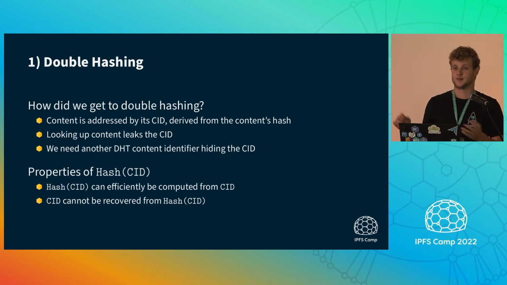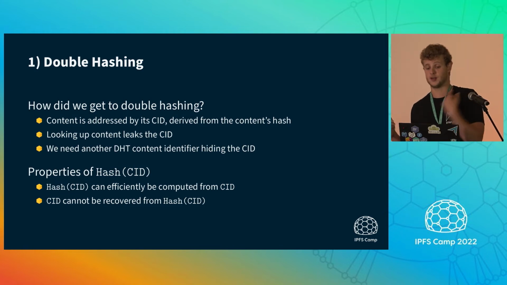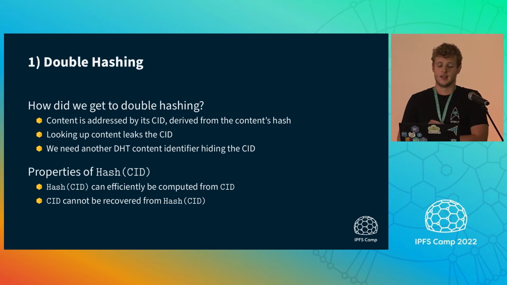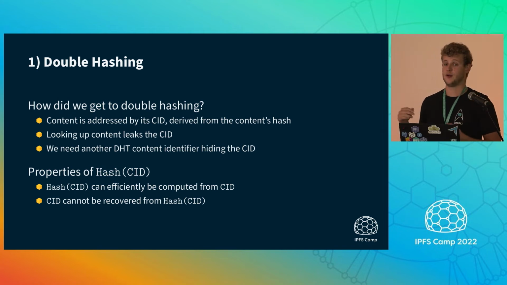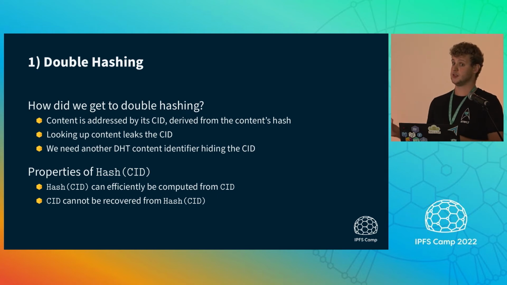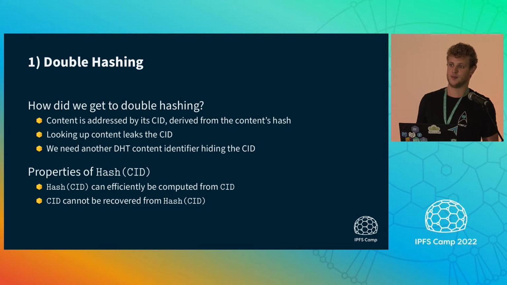So in IPFS, the way it works now is the content is addressed by the content identifier, but it would be great to have another identifier that would be specific to the DHT so that you can look up some content in the DHT, and so the peers could learn about this file identifier, but then they cannot use it to request the content, because when, for instance, you request the content over Bitswap, it's going to be a different identifier, right?